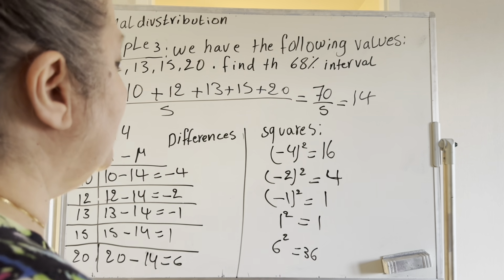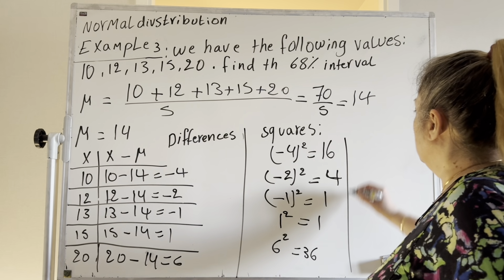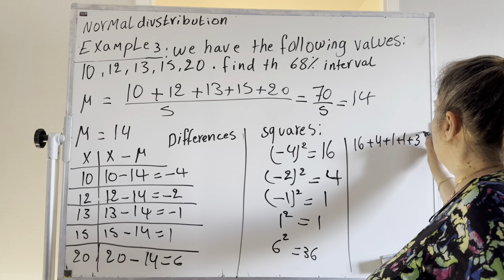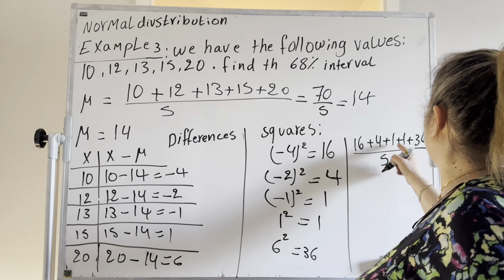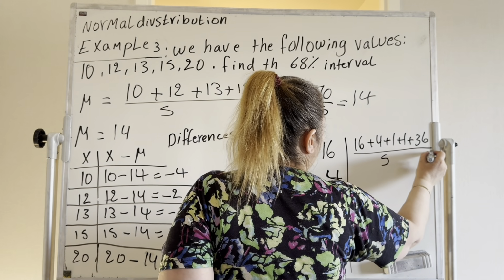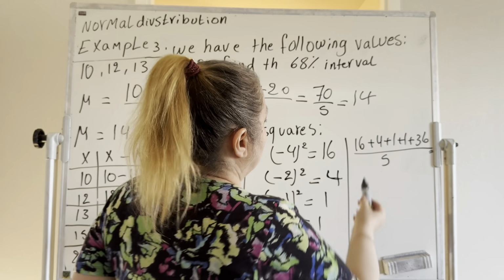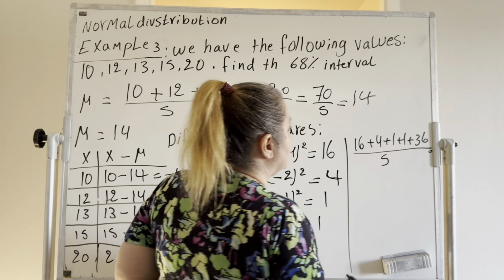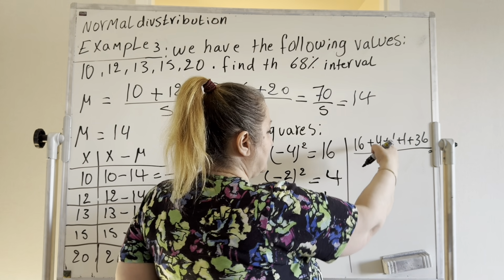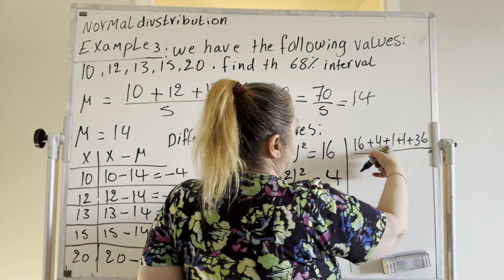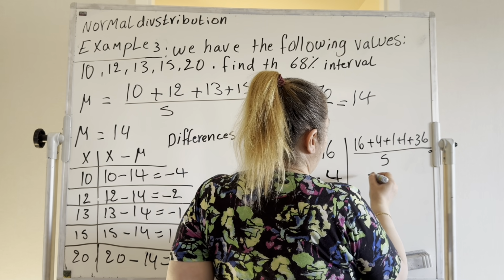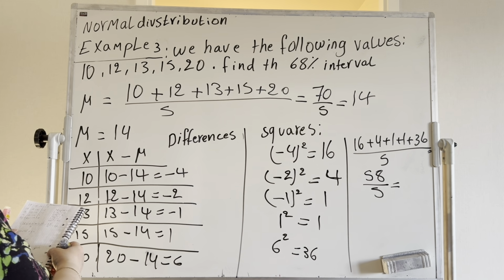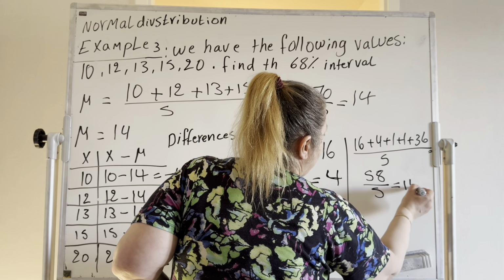Then I will add all the values: 16 plus 4 plus 1 plus 1 plus 36, divided by 5 because there are 5 values. 16 plus 4 equals 20, 20 plus 36 equals 56, 57, 58. 58 divided by 5 equals 11.6.